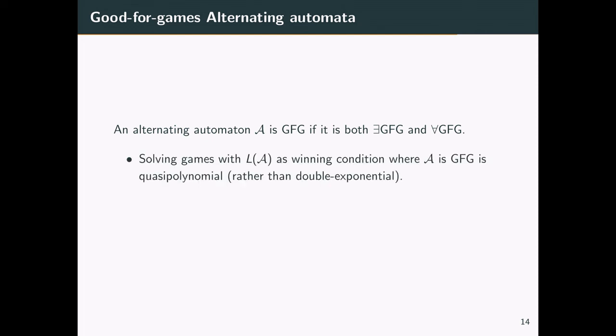Again, good for games alternating automata have the same lovely properties of deterministic automata as good for games non-deterministic automata. Namely, if you want to solve games with a winning condition given by a good for games alternating automaton, then this is quasi-polynomial rather than double exponential as it would be for an arbitrary alternating automaton.